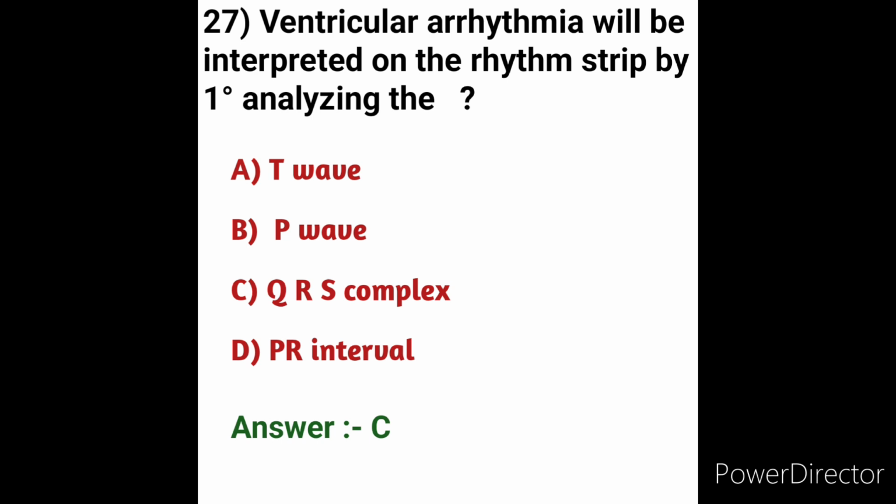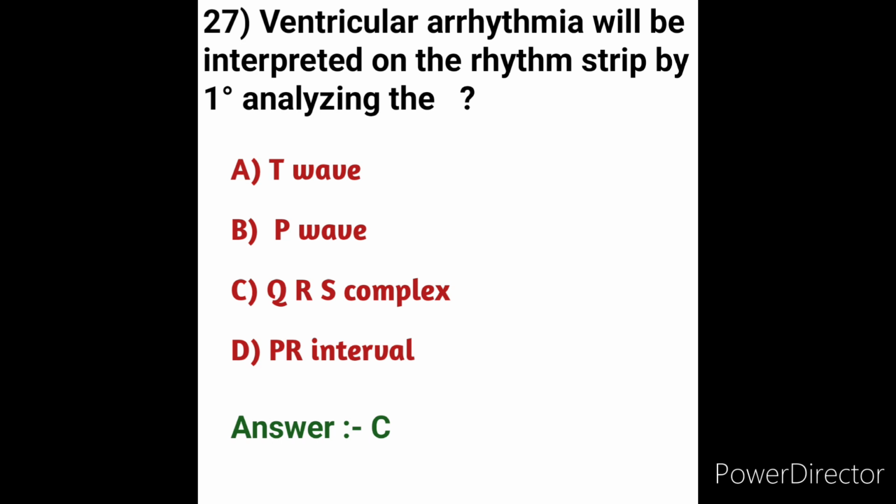The abnormal heart conditions are like ventricular tachycardia, atrial fibrillation and also VF. These are all abnormal conditions in the heart due to abnormal rhythms. So ventricular arrhythmia rhythm is analyzed by the QRS complex. Option C is the correct answer.